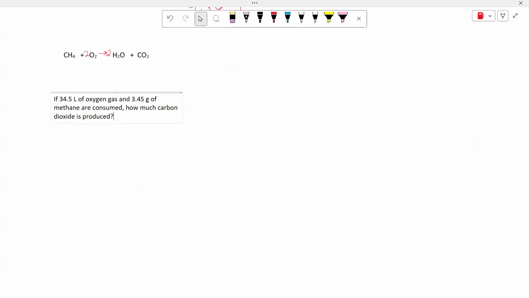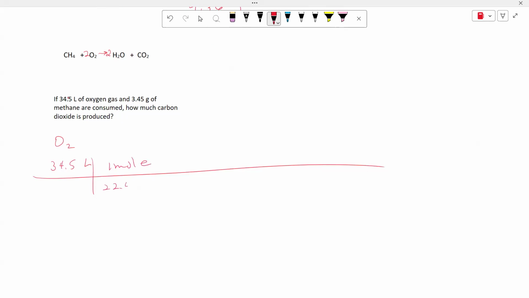So let's start with the oxygen gas. Okay, that gets us 2 moles of oxygen gas.